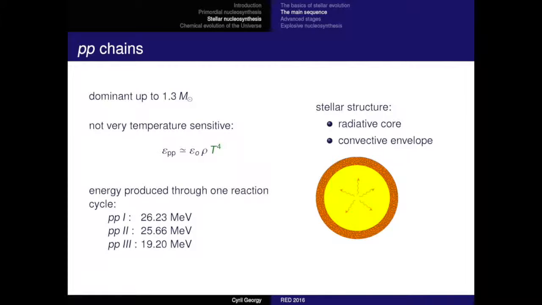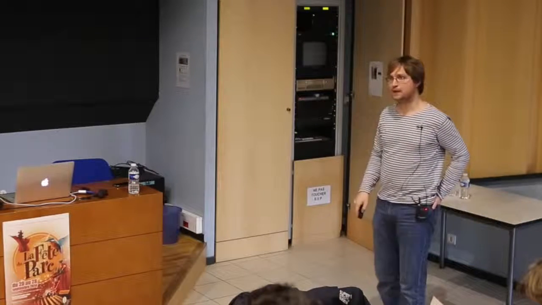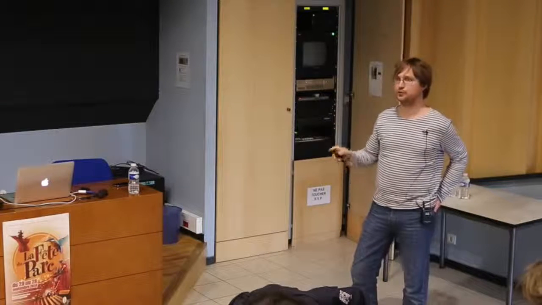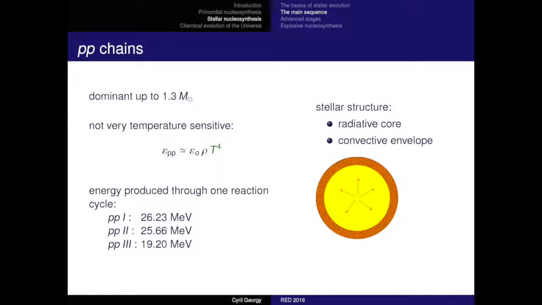One characteristic of the surface for this kind of low mass stars is that the envelope in the outer region is convective. It means that radiation is not efficient enough to transport the energy from this region to the surface. This is due to the fact that these stars are quite cool, so the opacity is quite high.